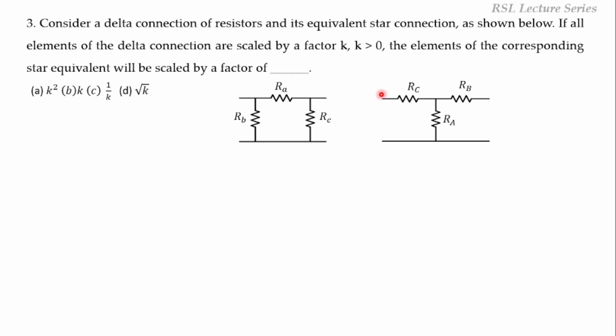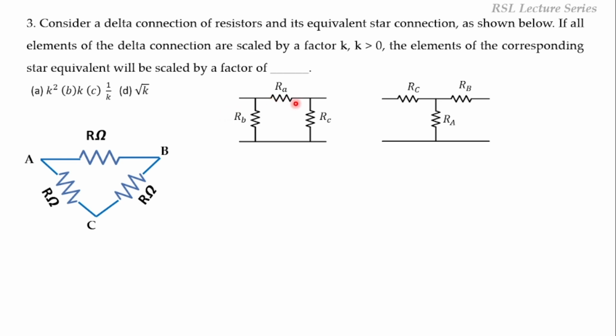We have to find out the star equivalent and identify how much it is being scaled. So let us consider this as a delta. We'll assume R as the resistors. Equal value resistors are connected in delta, R ohms each. So this is RAB, this is RBC, and this is RCA.